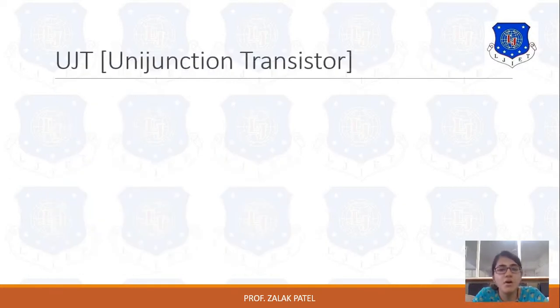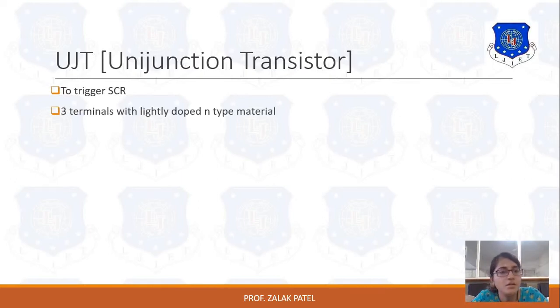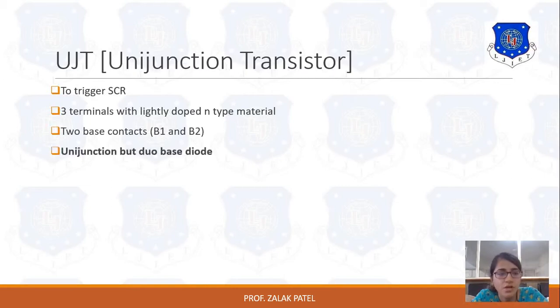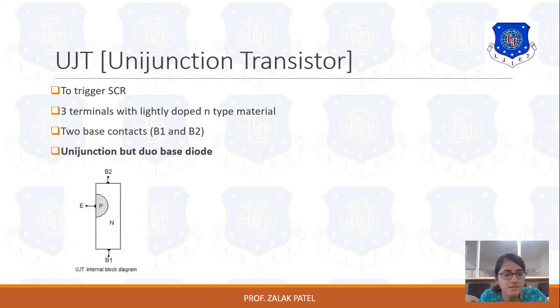Next is the unijunction transistor. The unijunction transistor is mainly used to trigger the silicon controlled rectifier. It has 3 terminals with lightly doped N material. The 3 terminals are the emitter and the two bases, B1 and B2. Here you can see the UJT internal block diagram with 3 terminals: emitter, B1 and B2.